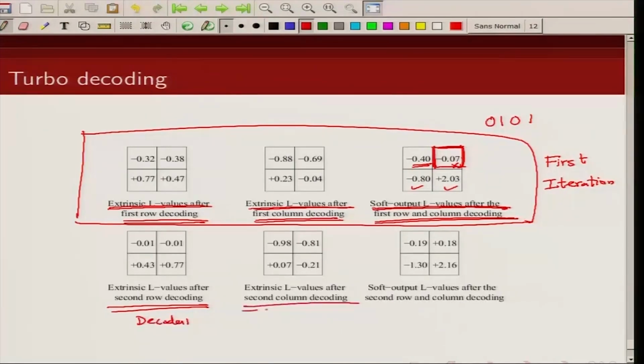This is the extrinsic information after I have done decoder 2, and this is the APP L value after decoder 2. Note here, this was 0, this is 1, this is 0, this is 1. So after 2 iterations I am able to correct the transmission error.